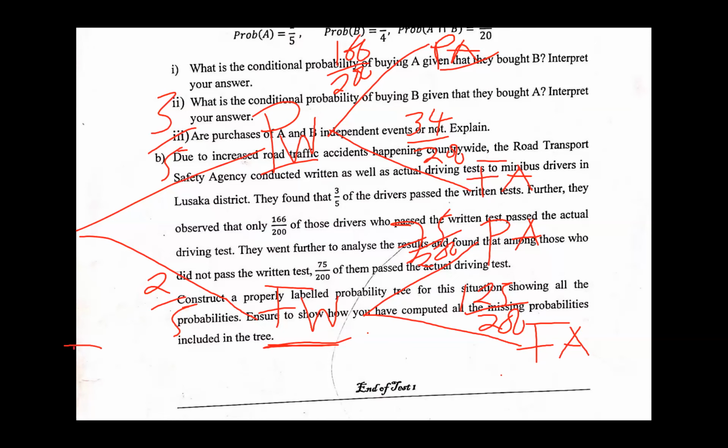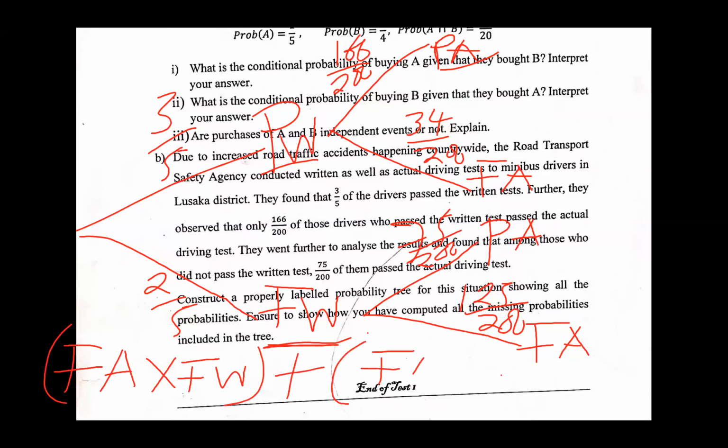It's either they failed the actual test, given that they also failed the written test, plus they can fail the actual test, given that they passed the written test. So we are asking for the probability of those who failed the actual test. So they can either fail the actual test, but they passed the written one. Exactly.